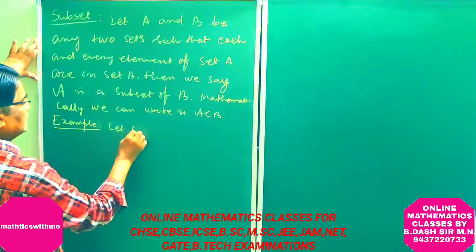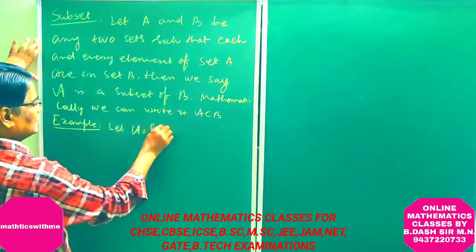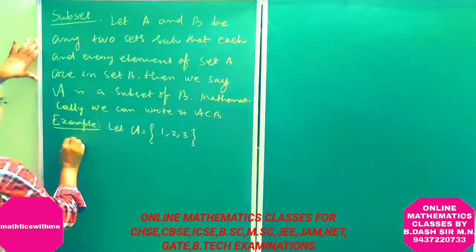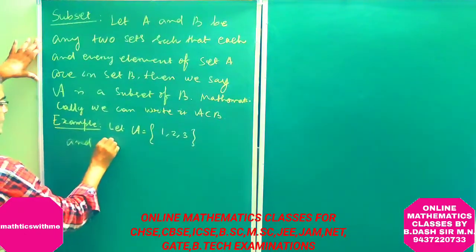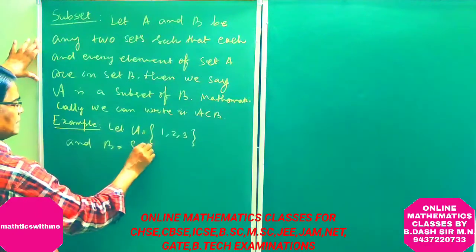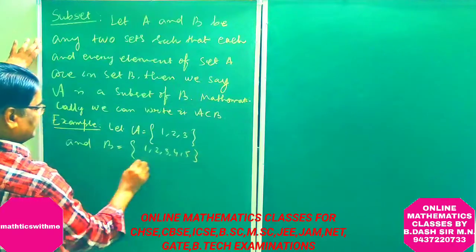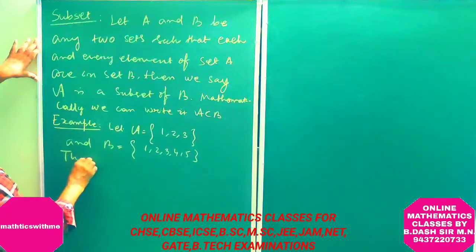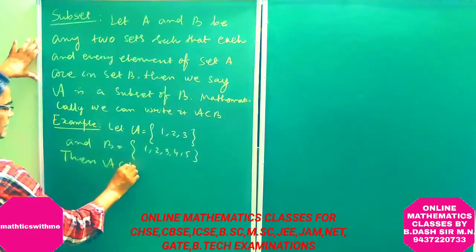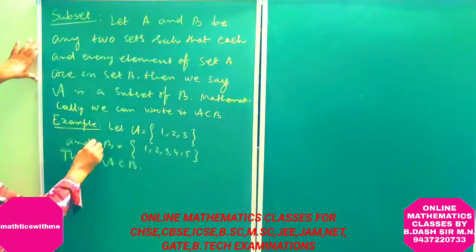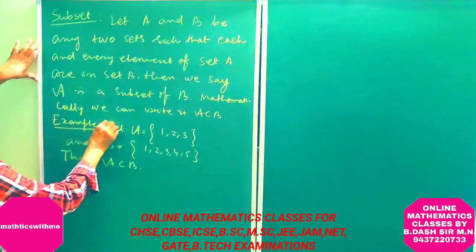Let A is equal to {1, 2, 3} and B is equal to {1, 2, 3, 4, 5}. Then A is a subset of B. This is example 1.